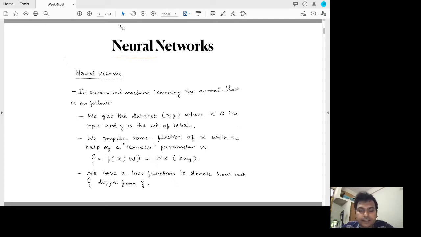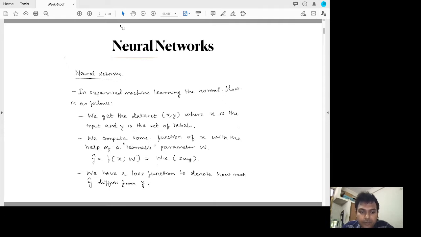We get the data set with X and Y. These are labeled examples where X refers to the features of all those examples and Y is the set of labels, and we compute some function of X with the help of a learnable parameter W. We convert the input by means of some parameter W, which we call the weight matrix, and whatever W we learn from the training examples, that Wx is our predicted label for that particular training example X.